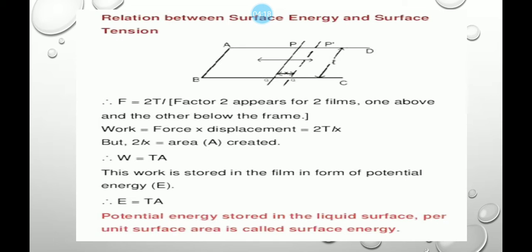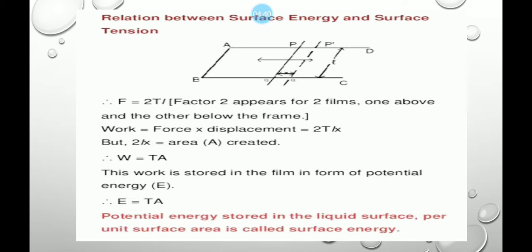Therefore W equals TA, work done equals surface tension into area. This work is stored in the film in the form of potential energy E. That's why surface energy E equals T into A.